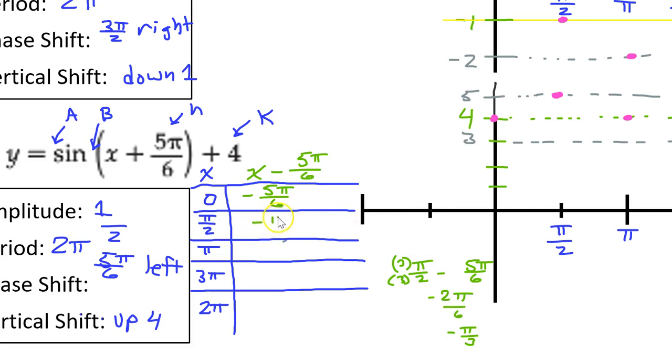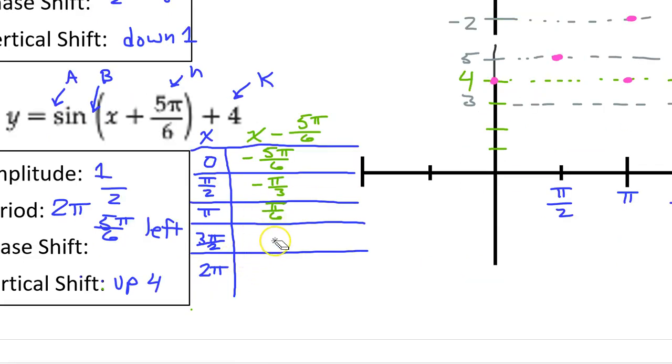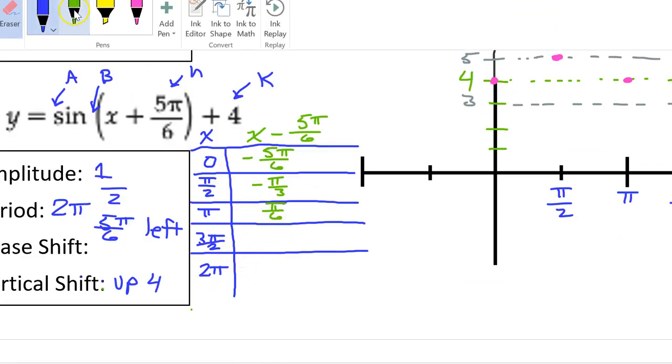So we have negative pi over 3 for that one. Now, I'm going to do pi minus 5 pi over 6. So this would be like having 6 pi over 6 minus 5 pi over 6. So that would just be pi over 6. Alright, so I can just go ahead and put that down. So pi over 6. Okay, now let's do the last couple ones.